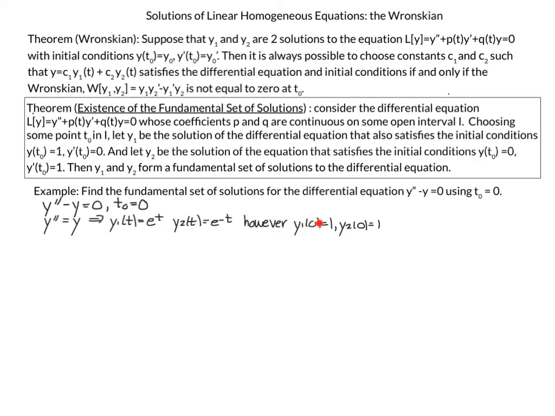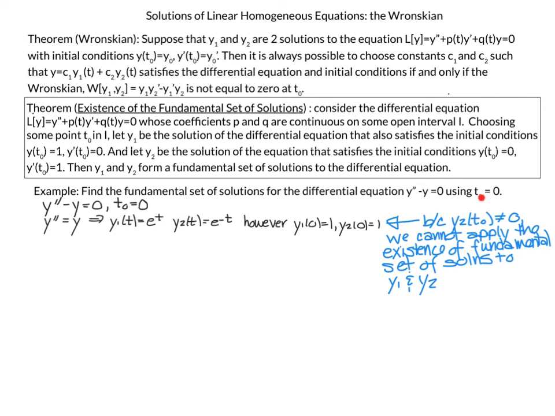So that's satisfied. But now if we look at y2 of 0, let y2 be the solution satisfying these initial conditions, so y2 of t naught has to equal 0. But in this case, using t naught equals 0, when we plug that into y2, we get 1. So because of y2, these two equations will not satisfy the initial conditions, and they are not the set of fundamental solutions guaranteed by this theorem.